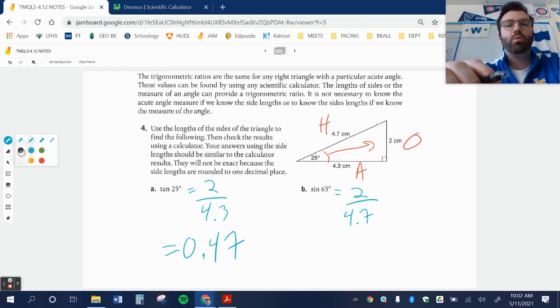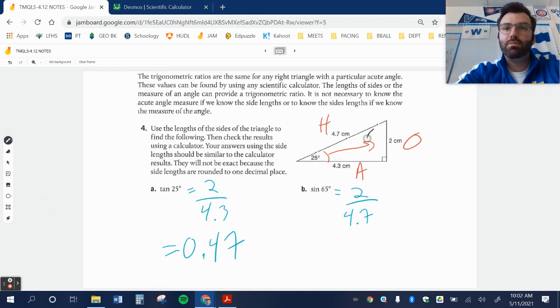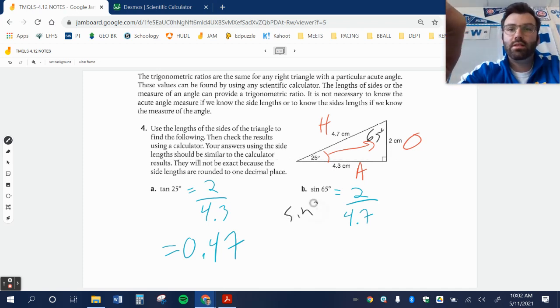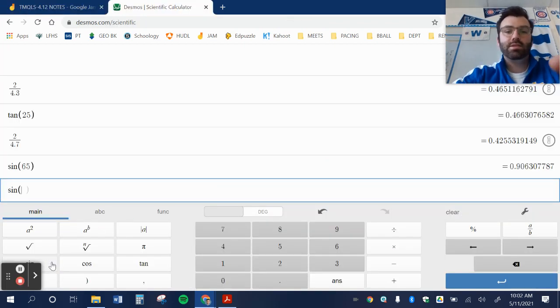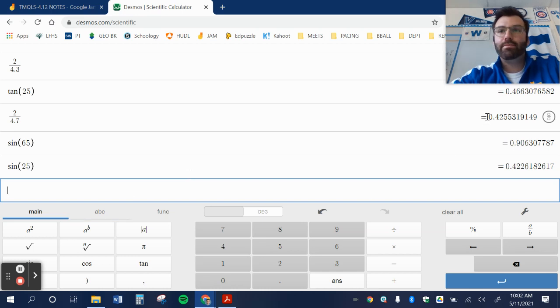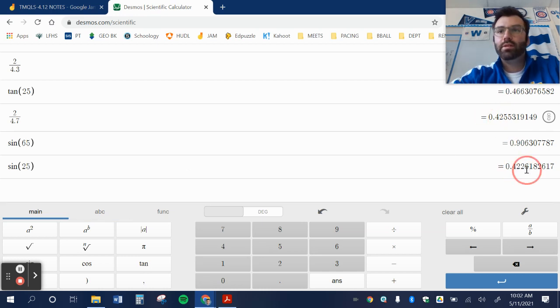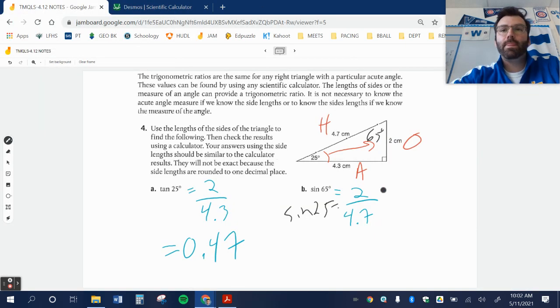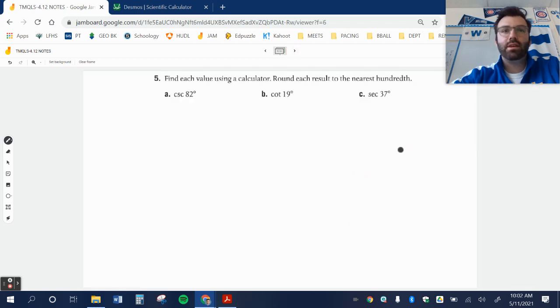That's my fault. Where does the 65-degree angle come from? It should be right here. All 3 angles have to add up to 180. This is 25, that means this is 65. This is actually a sine. 25 is that, so let's just see. Yeah, these would be the same. All right, my fault. I apologize for that.